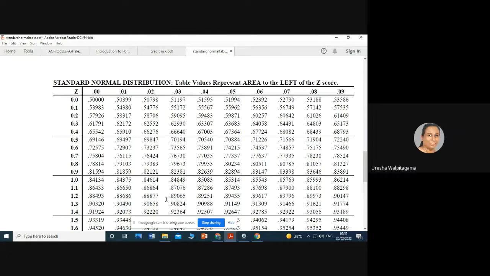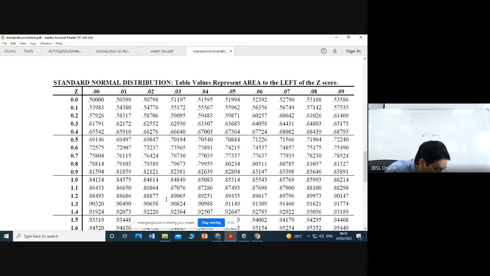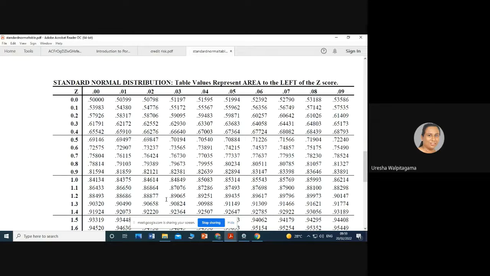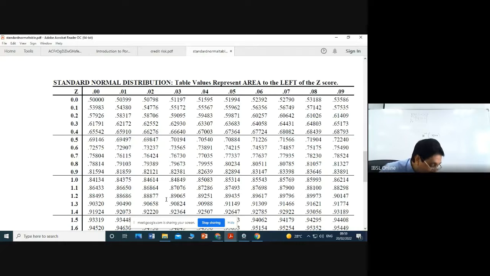Right. 0.8906 minus 0.88877. So how much are we missing to arrive at the figure? What is the figure you get? That is 0.00183.